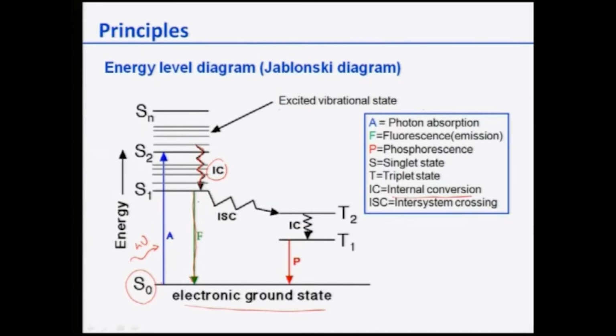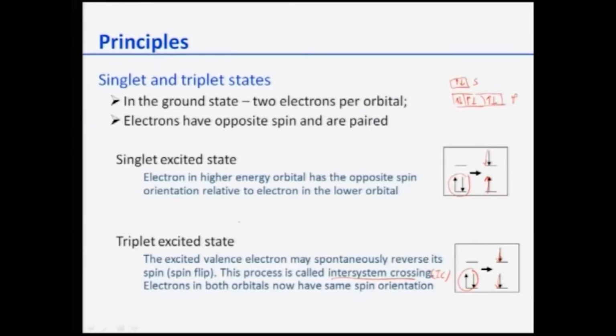Now, instead of fluorescence, what can also happen is that you can have intersystem crossing from S1. That is what I showed you, intersystem crossing. The spin states can flip even when the electron comes to excited states.